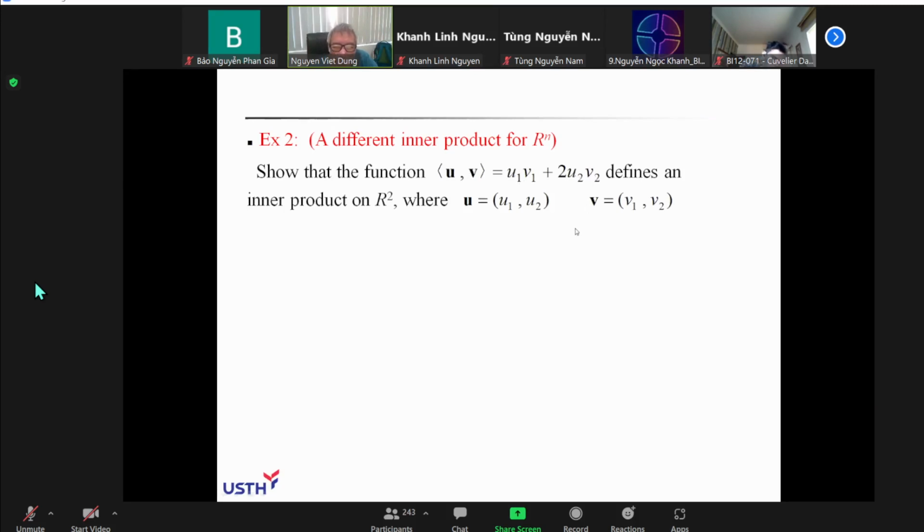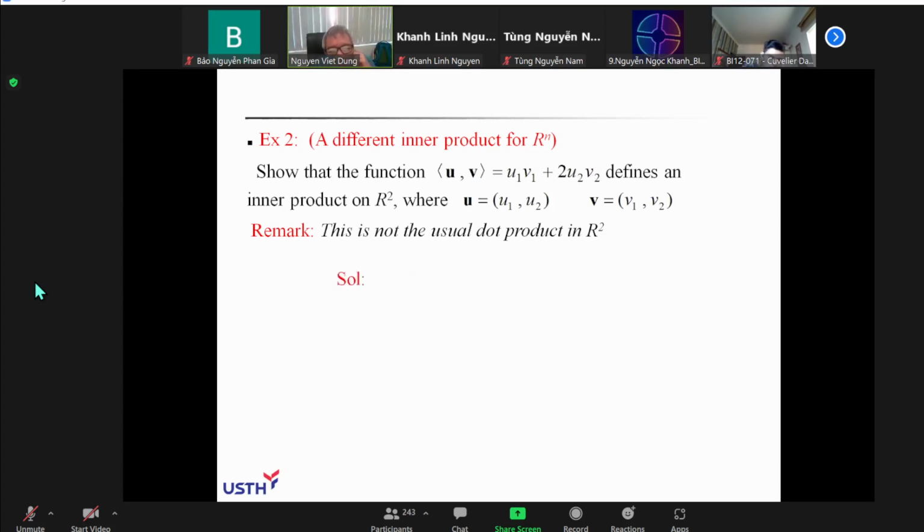I am going to show you that this one is again an inner product. But you should remark that this formula is not the usual dot product, because the usual dot product must be u1 v1 plus 1 times u2 v2. But here you have 2 times u2 v2. So we have a new inner product here.